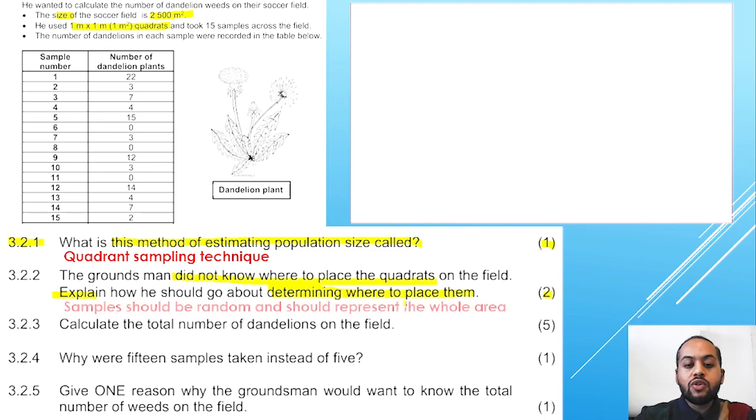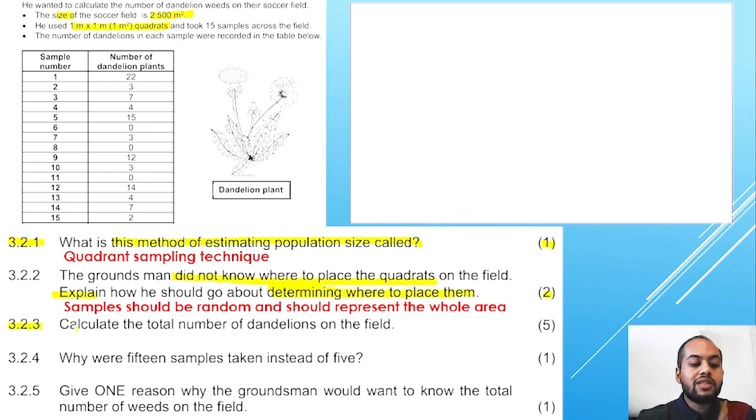So generally, if you are going to be placing quadrats in order to use the quadrat sampling technique, then you need to ensure firstly that the samples are going to be random, and the samples should also represent the whole area that you are looking at. So firstly, the samples should be random and the samples should represent the whole area. That is what the groundsman needs to do.